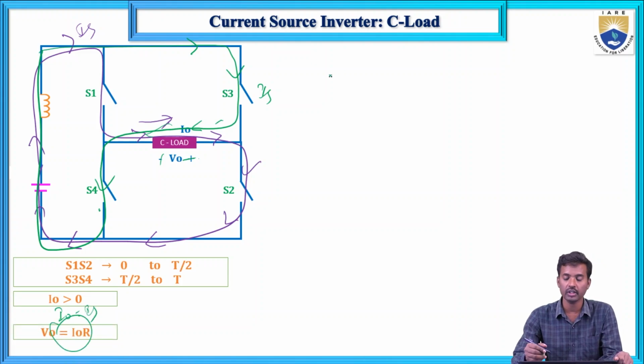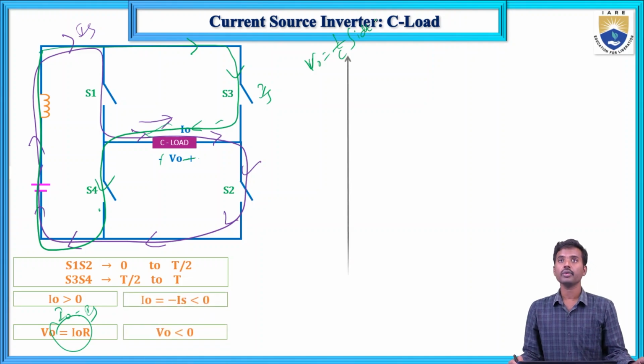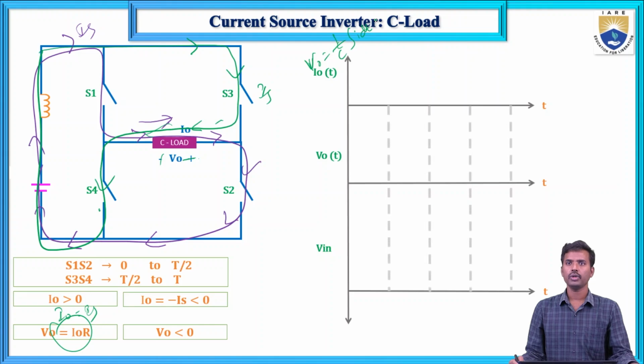Now in the capacitive load, V equals the integral of 1 by C times the integral of I dt. So if you integrate it, first see the waveform for the C load. This we already discussed.